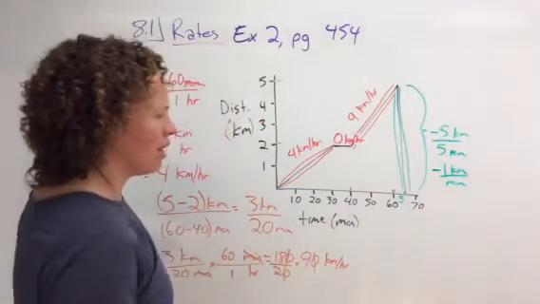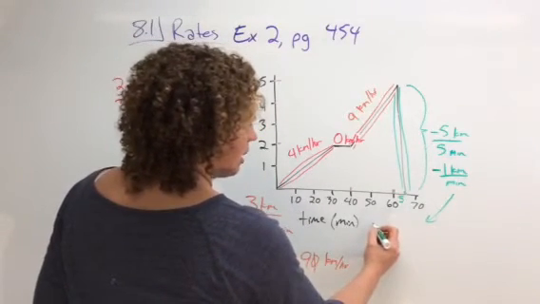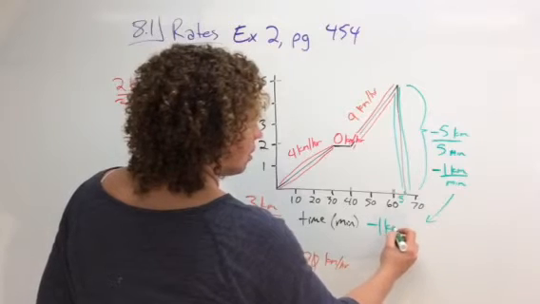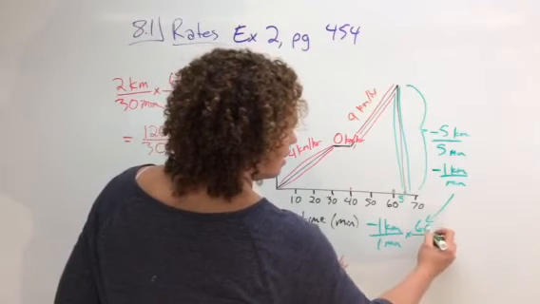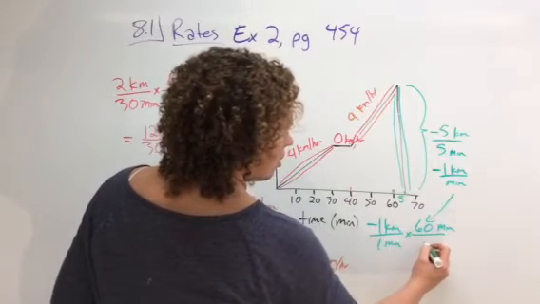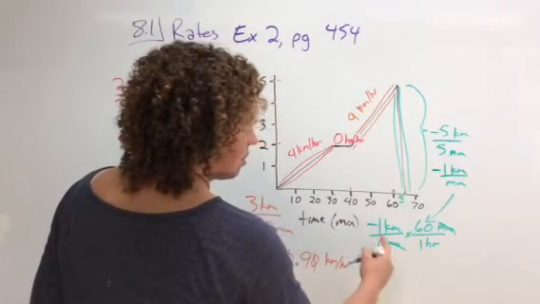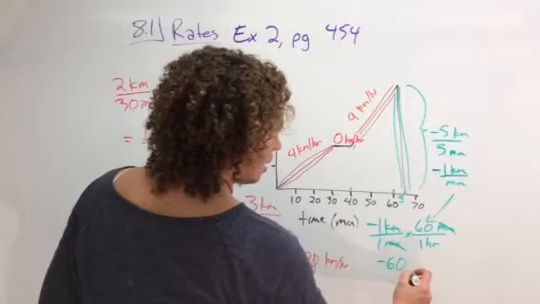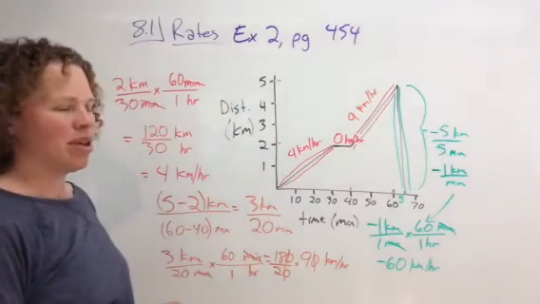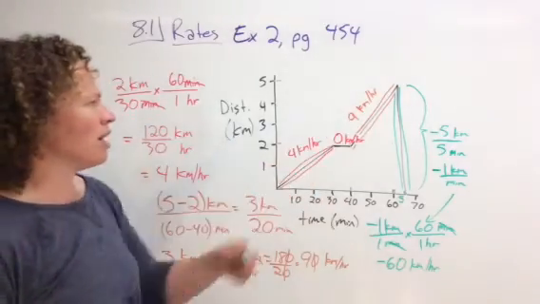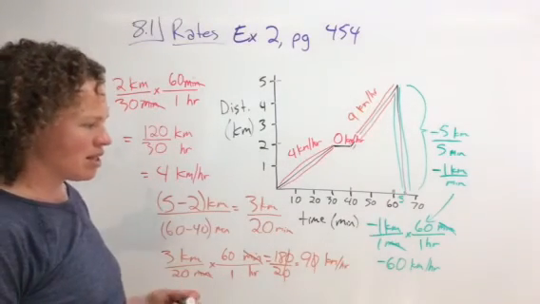But minutes aren't very helpful, so I'm just going to bring this down here so I can write bigger. I'm going to write negative 1 kilometer per 1 minute and do my 60 minutes per 1 hour. Minutes cancels out. Negative 1 times 60 gives me negative 60 kilometers per hour. Well, holy cow, that's pretty speedy compared to 4 and 9. But if you look at the slope of the graph, it's much, much steeper, so that makes sense.